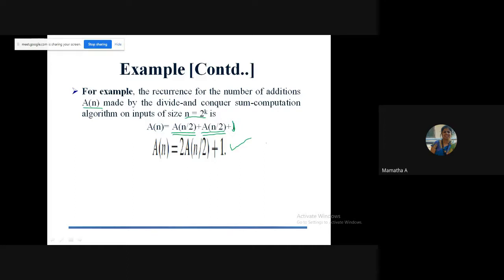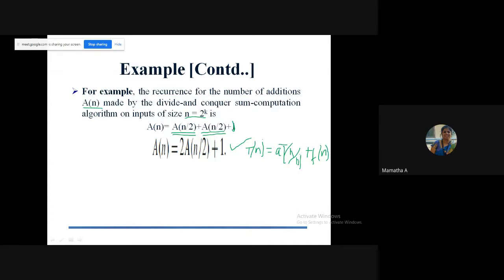Now, since this is the general recurrence relation that is similar to our master theorem, what the master theorem told is, if you have any equation which is similar to this, A T of n by b plus f of n, I can easily find its order of growth.